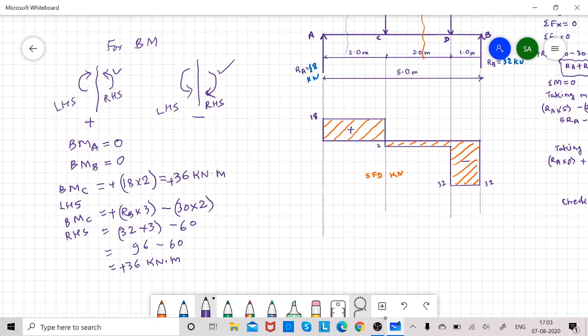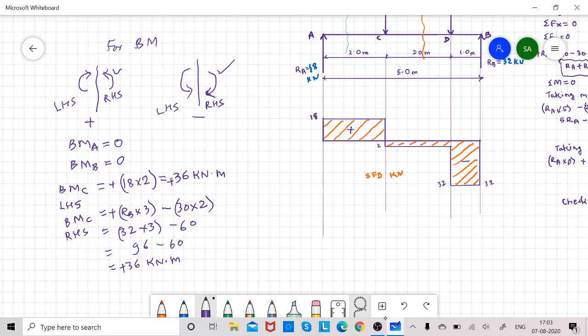It is clockwise, but it is on the right hand side, so negative. So 96 minus 60, that is 36 kN meter. So you can consider any side, left or right, you will get the same bending moment. Now in examination, you will consider only one side. Don't waste time in calculating bending moment at a section from both sides. If the time permits, you can take another side to check whether it is correct or not.